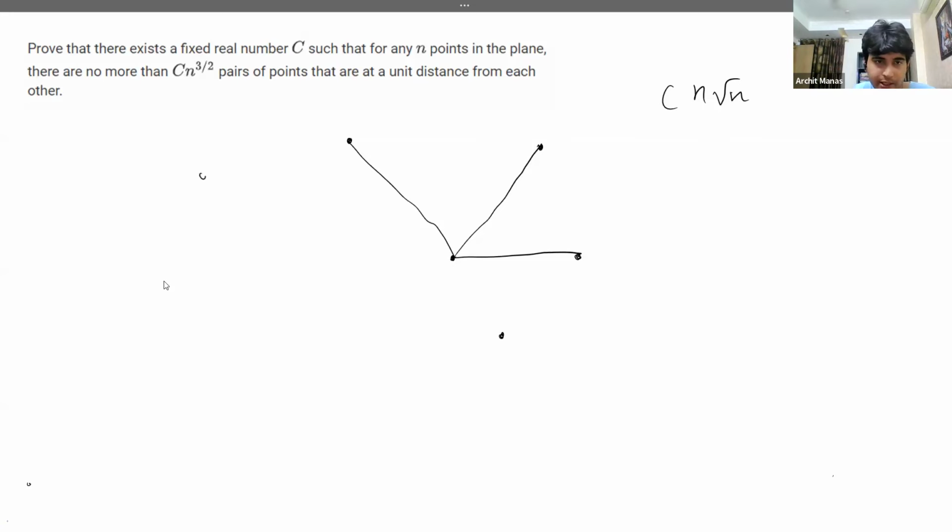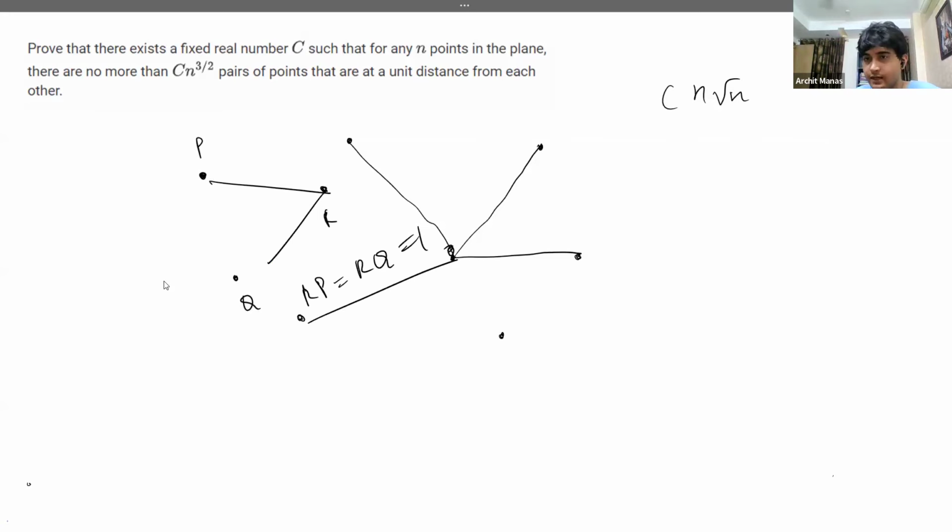Okay, so given 2 points P and Q, how many points R can you have such that RP and RQ are 1? Or in a very graph theoretic way, how many common neighbors can 2 vertices have? Is there an upper bound on this? 2, I think. Okay, why is that?